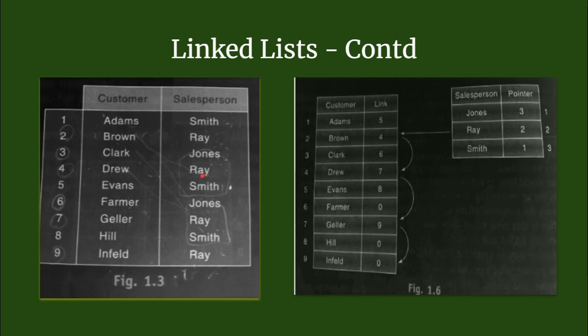Drew is the customer, connected to Geller, 7 is the customer, and then Infeld is 9 as the customer. So the pointers go 2 to 4, 4 to 7, 7 to 9, and from 9 there is nothing, it is given as 0. When the pointer points to 0, that is the end of the list. This is the way to follow the linked list.